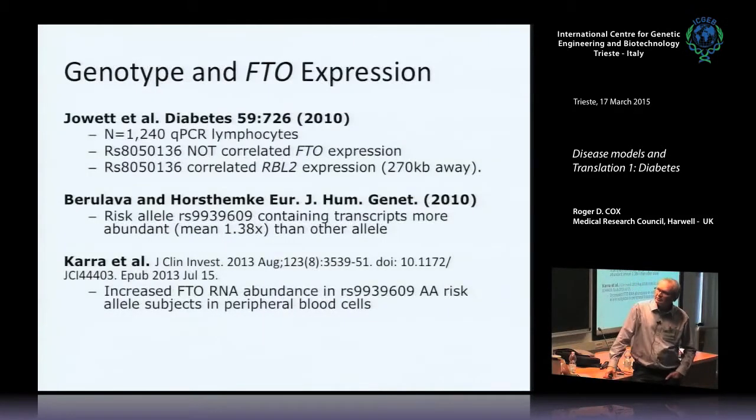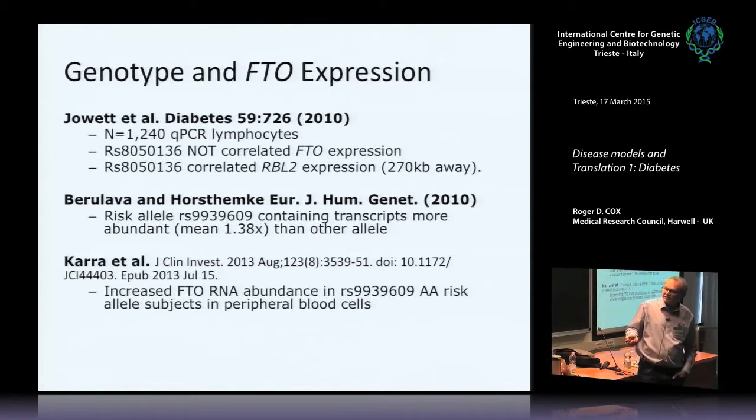People have looked by genotype, and there are reports that there are no differences, that there's no correlation with the risk SNPs and FTO expression in peripheral blood lymphocytes, because those are the easy tissues to get. But other studies have found that expression varies according to the genotype. So this Berulava paper in the European Journal of Human Genetics showed a 1.38-fold increase in transcripts carrying the risk allele.